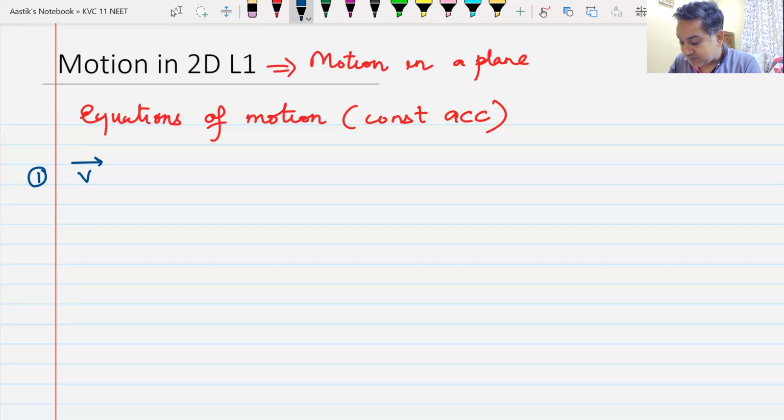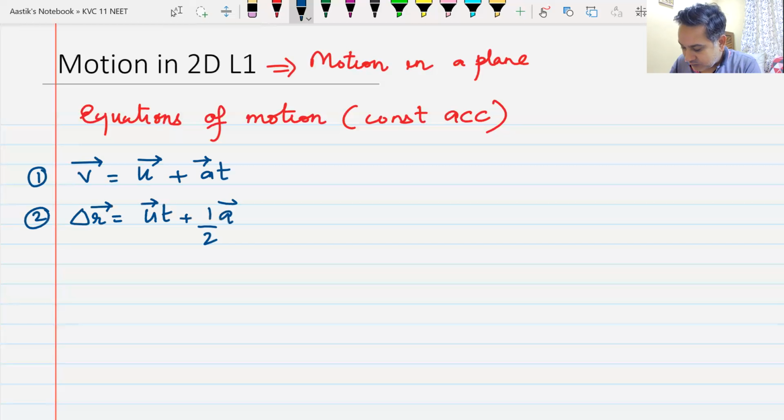The first equation is simply v is equal to u plus at. Nothing has changed. Previously also the same equation was there. What will be the second equation? The second equation is displacement is equal to ut, I'm writing in vector, plus half at square. Do we understand this?